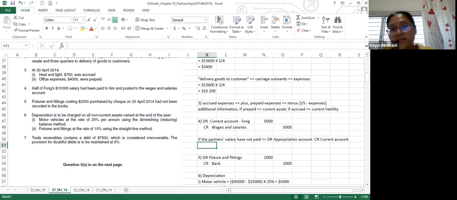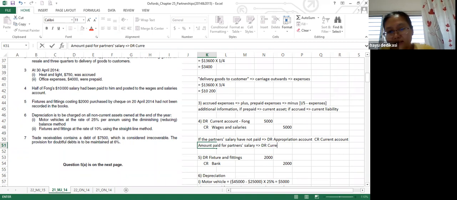But now they say they pay 50%. So in this case, the amount paid for partner salary, we have to debit current account and credit bank.